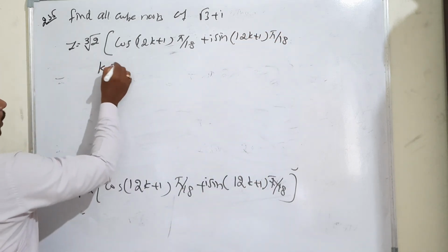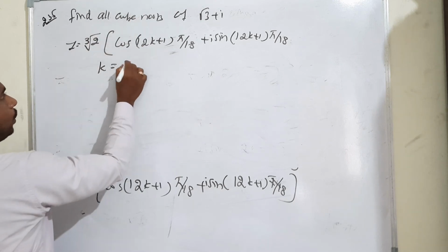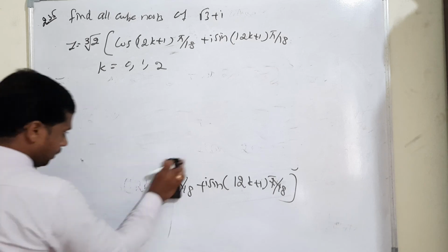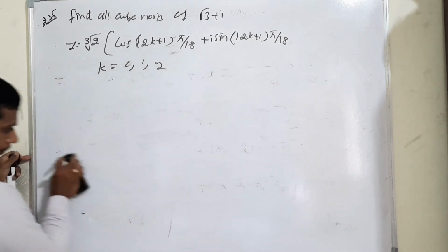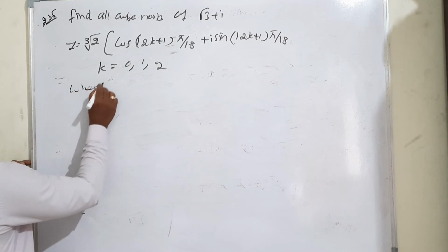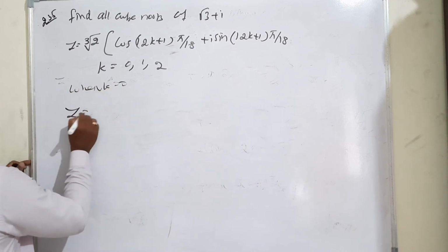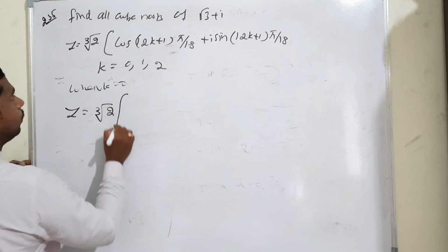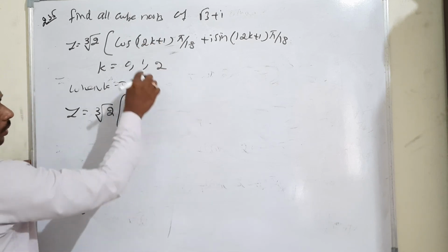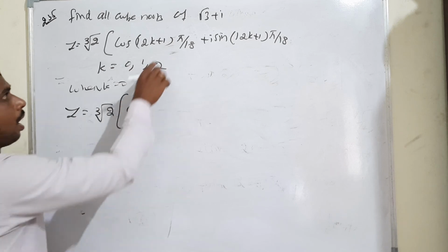What is the value of k? Because it is a cube root, k is 0, 1, 2. So when k is equal to 0, z is equal to cube root of 2, cos of 0 into 12 means 0, therefore 0 plus 1 means 1 will come outside pi by 18.